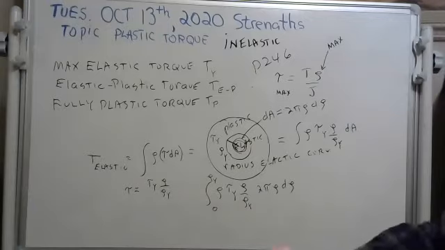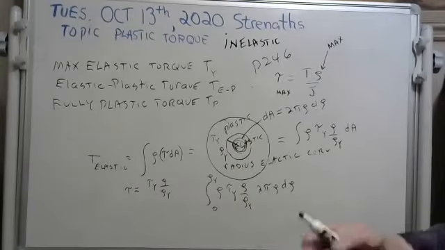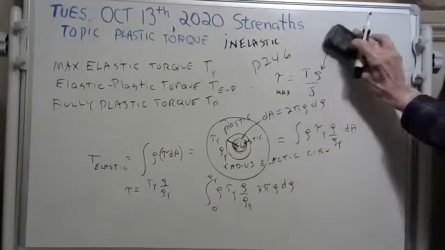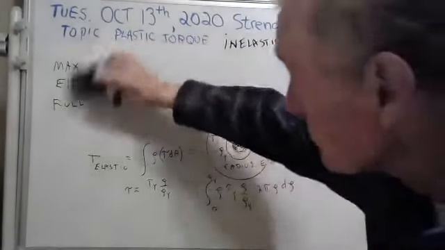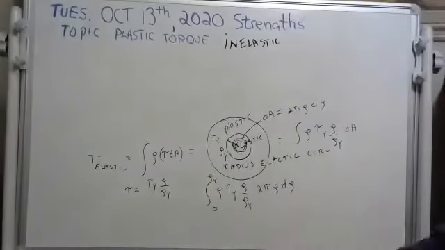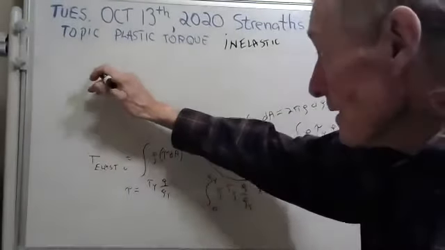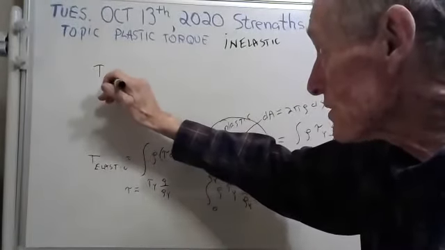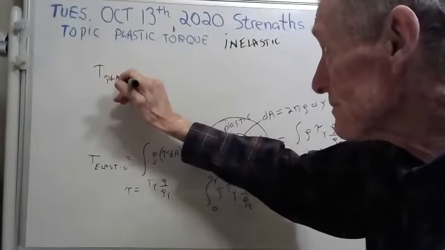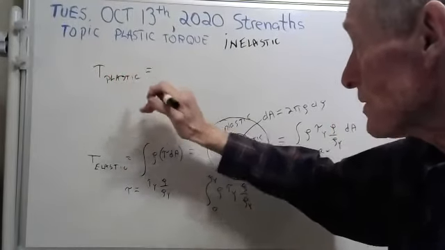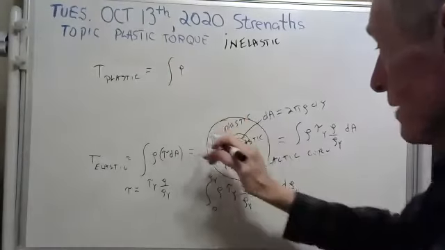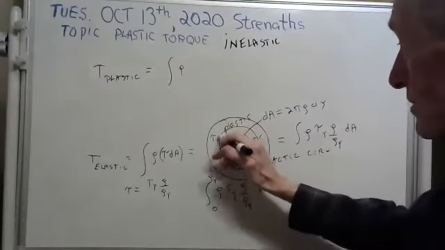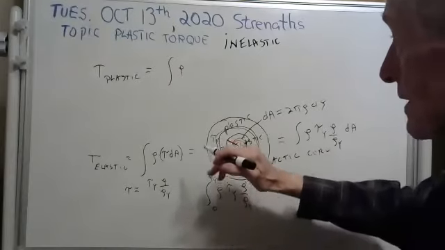Now the torque in the plastic region is a lot easier to figure. Let me make some room here. I'm just outlining. You guys can read this for yourself. You don't need me. The torque in the plastic region is a lot easier. What it is the integral of, you're making these little thin rings in the plastic region now.